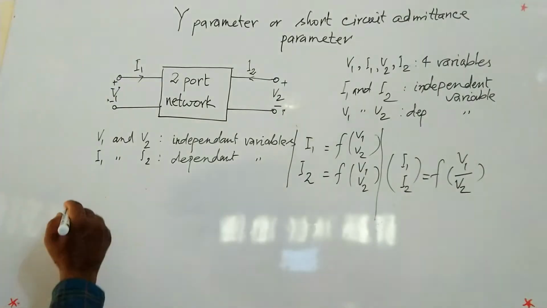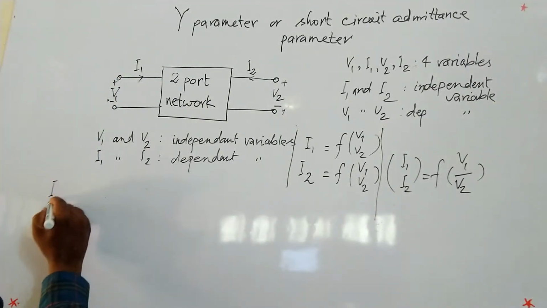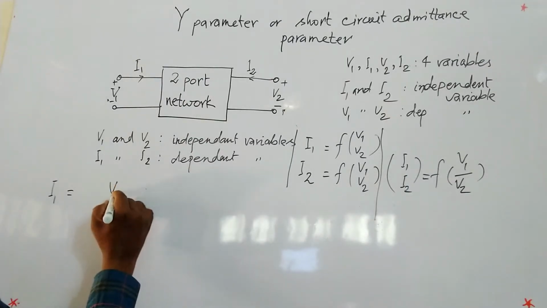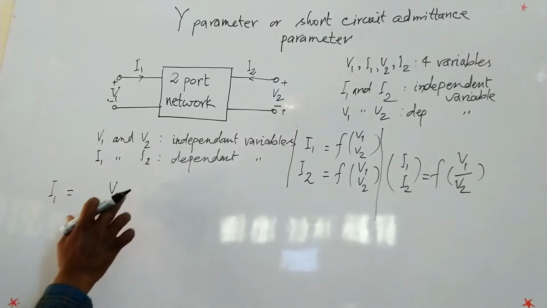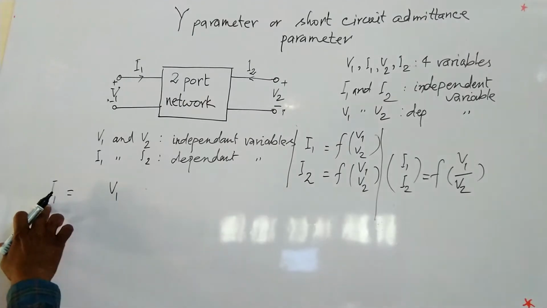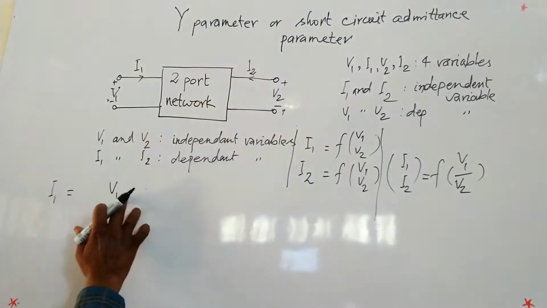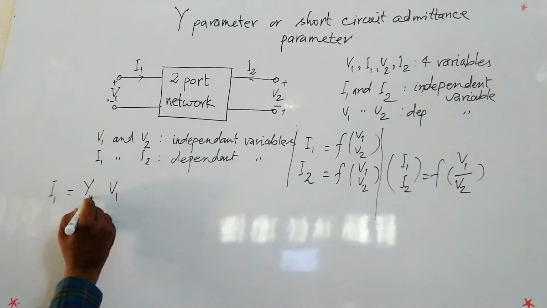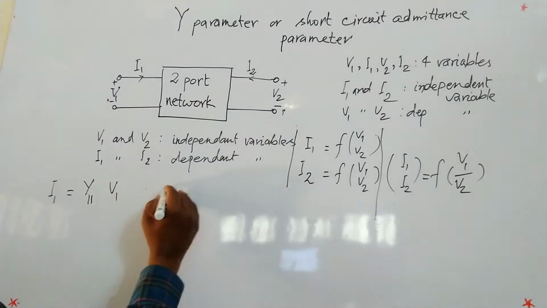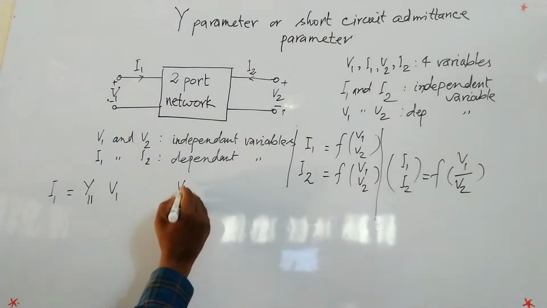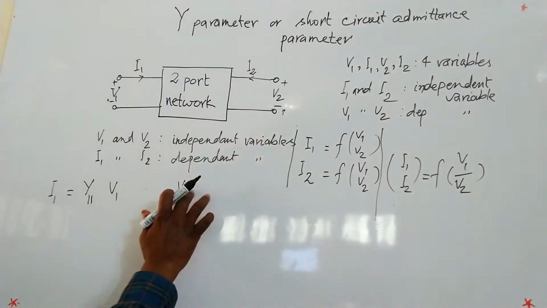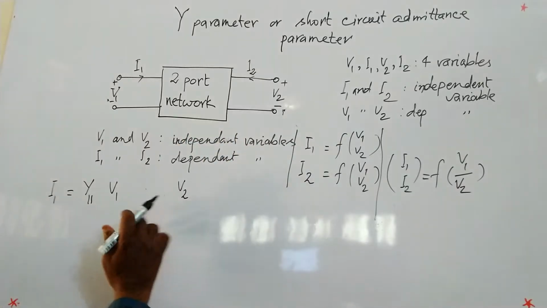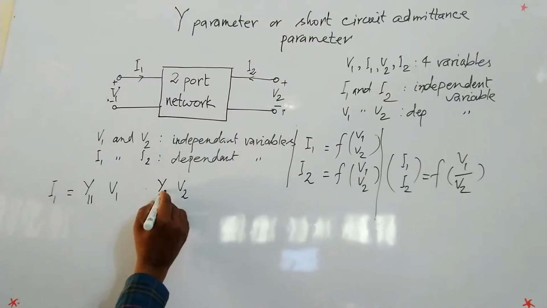Now let us write. The value of current I1 will depend on V1 according to a parameter y11. Similarly, the value of I1 will depend on the value of V2, the independent variable, according to a parameter y12.